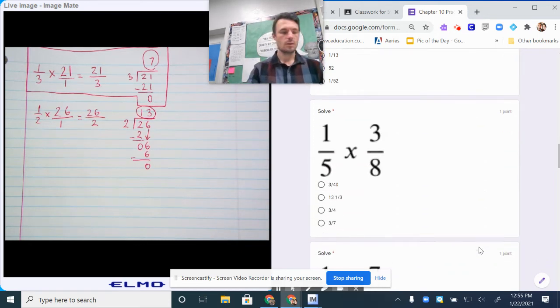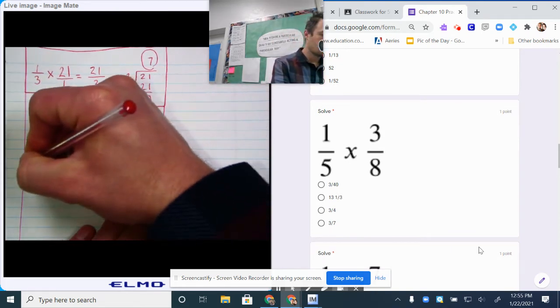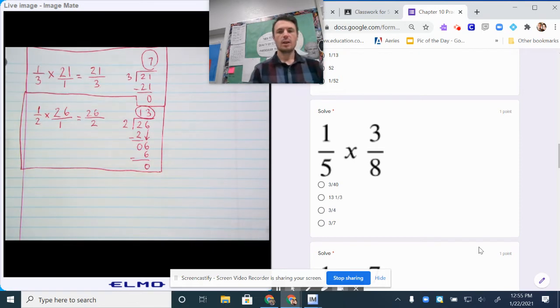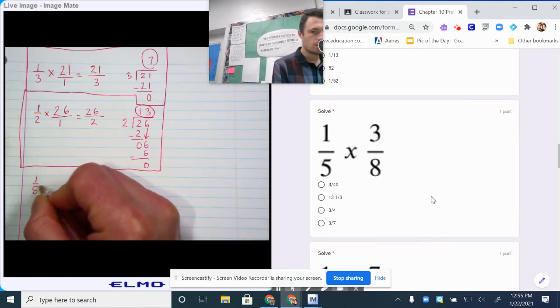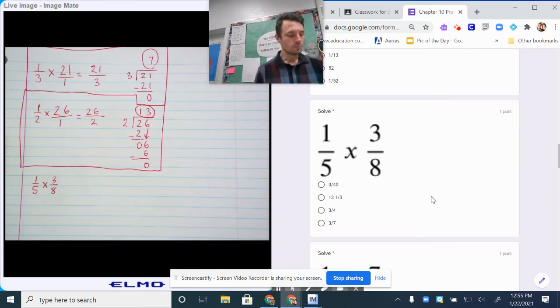Next, we box off what we did here. And this next question says 1/5 times 3/8. When we're multiplying with fractions, we don't have to find common denominators like we do when we're adding and subtracting fractions.